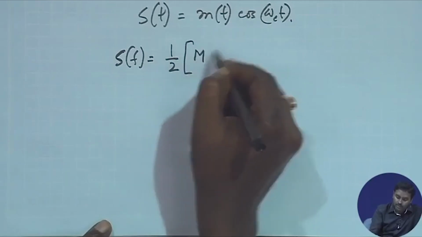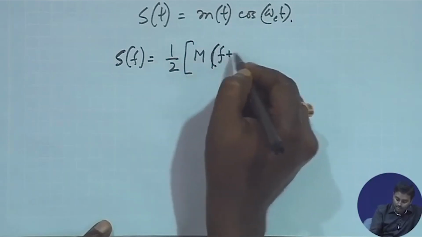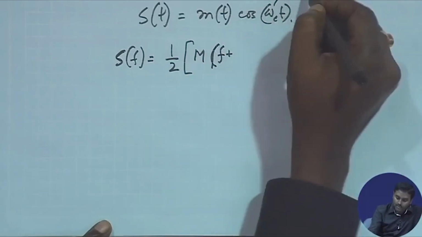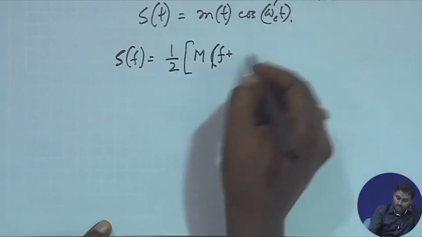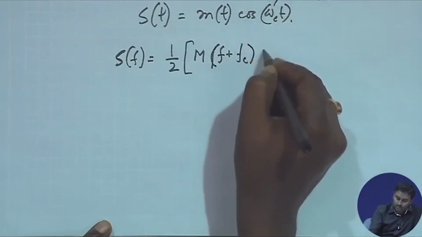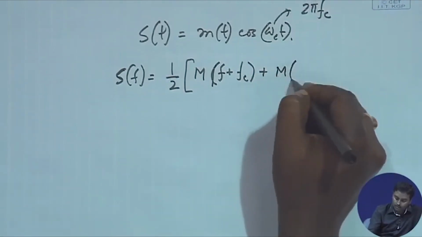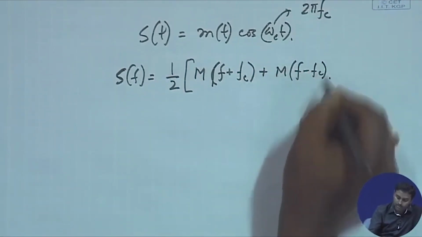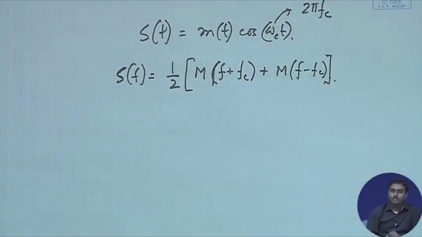Suppose this omega_c is 2 pi f_c, then it becomes M(f plus f_c) plus M(f minus f_c). We are saying this is our amplitude modulation.